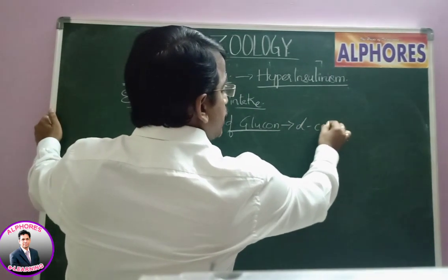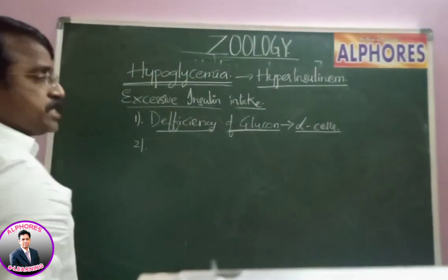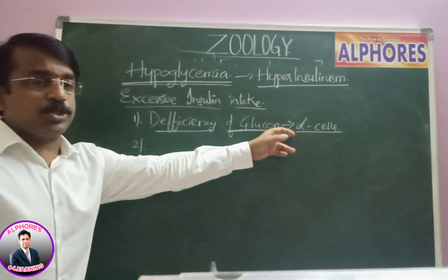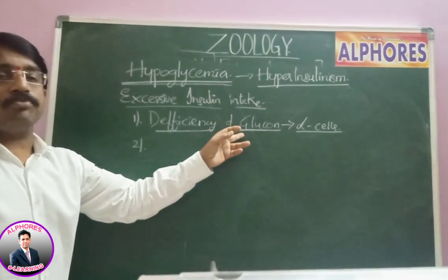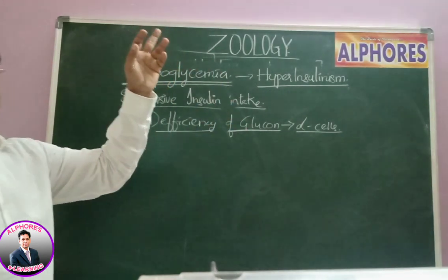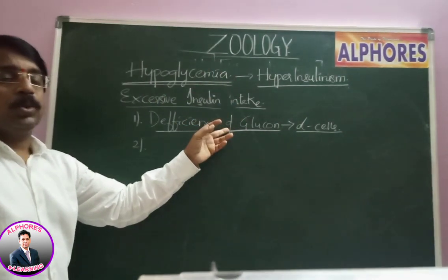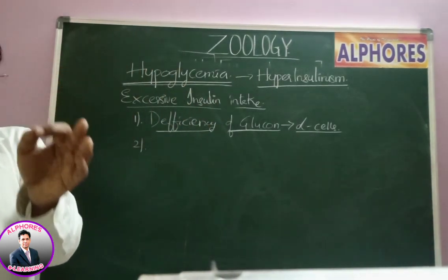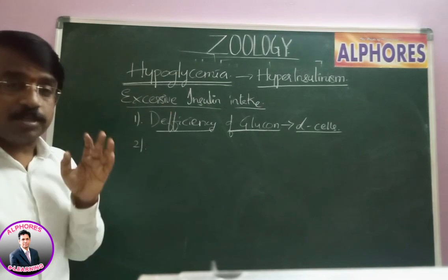So if the alpha cells fail, there is an absence of glucagon. As glucagon is absent, glycogen fails to form glucose. So glycogen levels remain as they are.